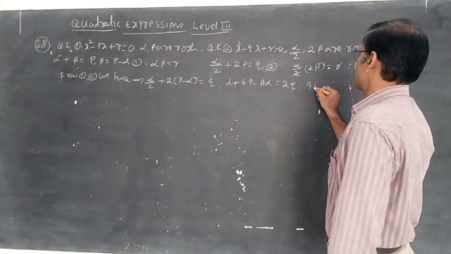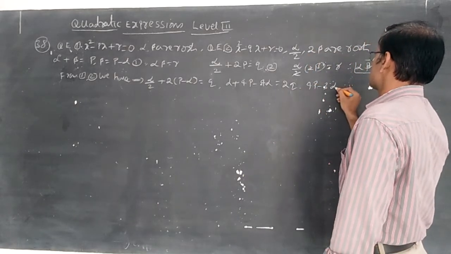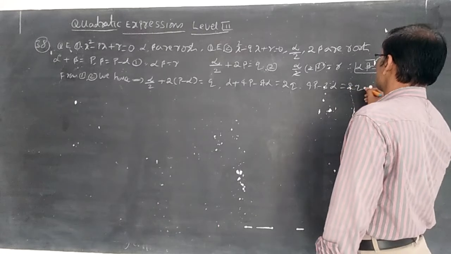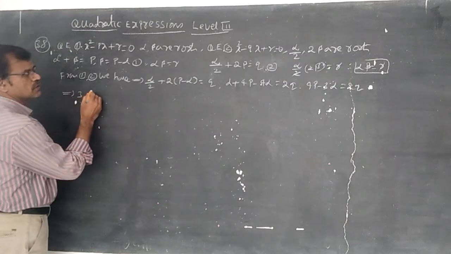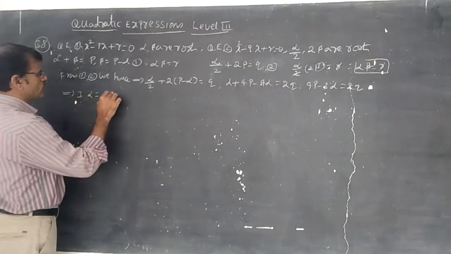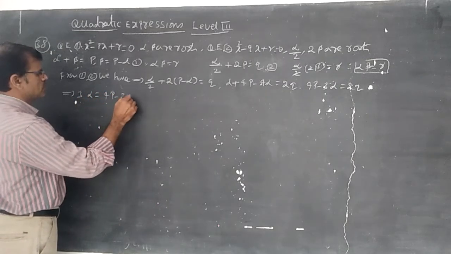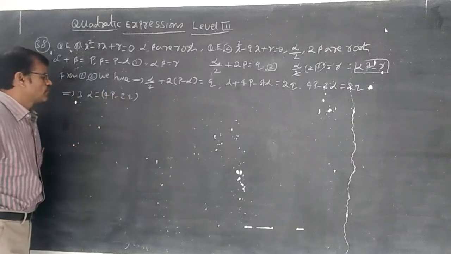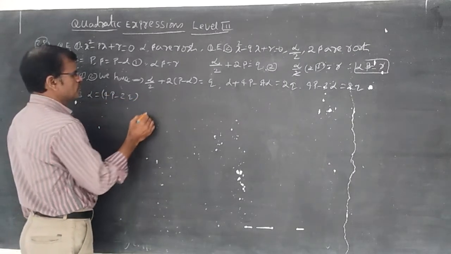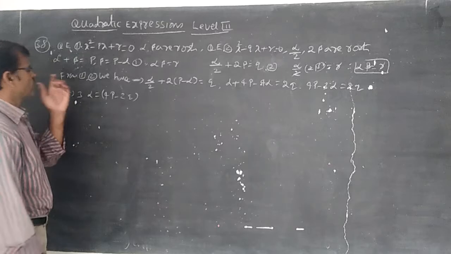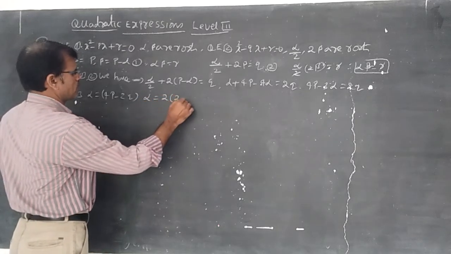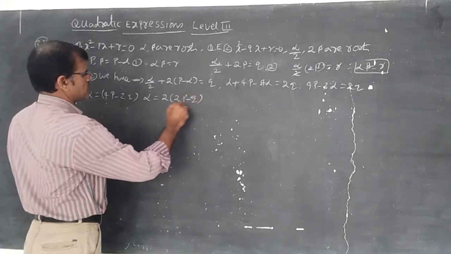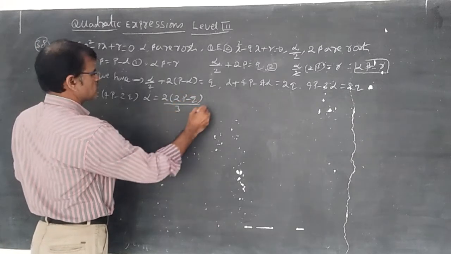Next step, 4p minus 3 alpha is equal to 2q. That implies 3 alpha is equal to 4p minus 2q, and alpha is equal to 2 taken common, 2p minus q by 3.